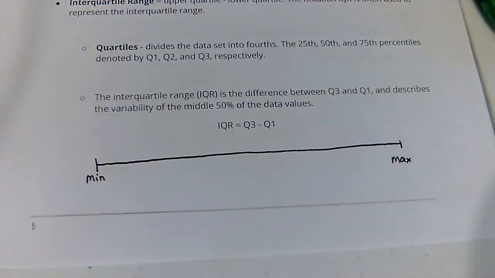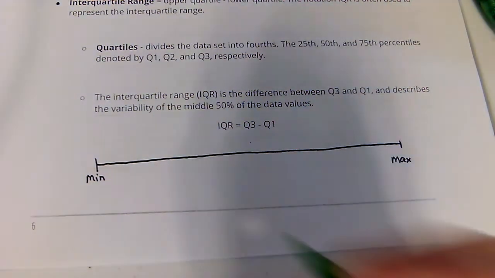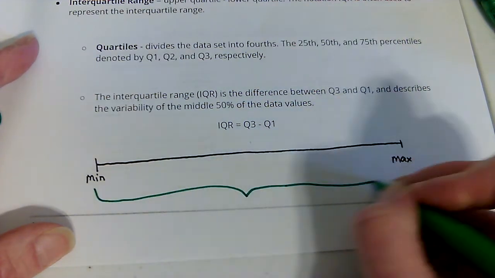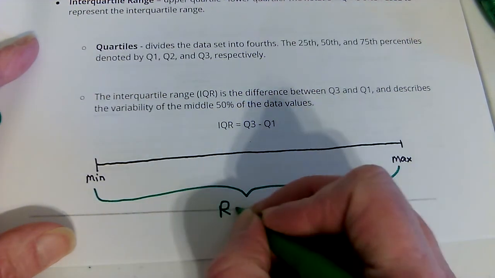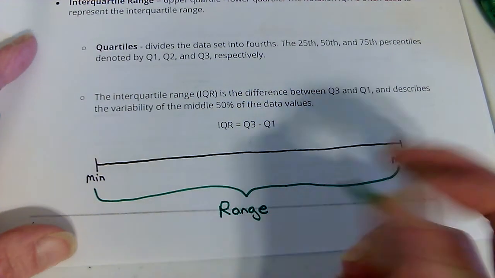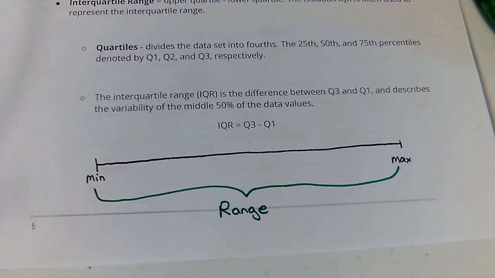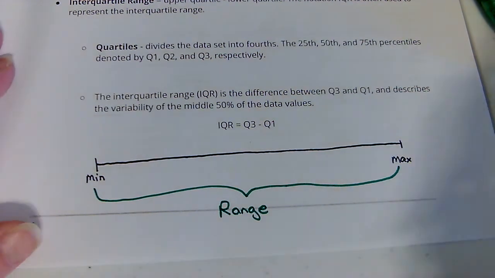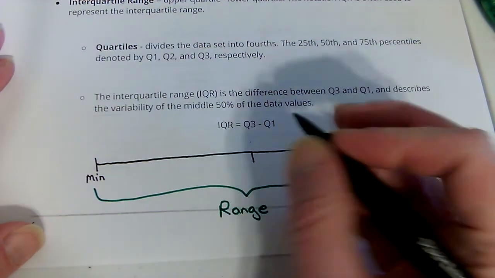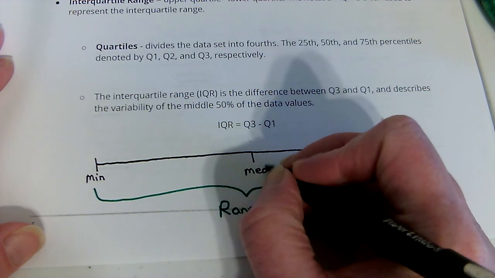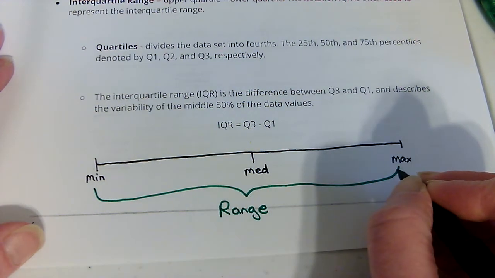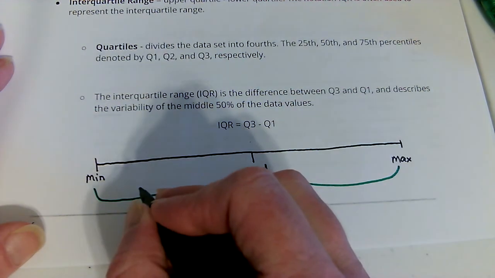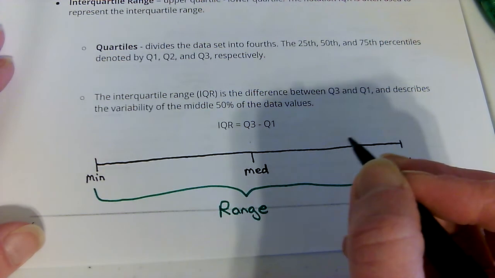If I take the max minus the min, this is the overall range, the big range of our data. Now the median is right in the middle: 50% is on the right and 50% is on the left, half and half.